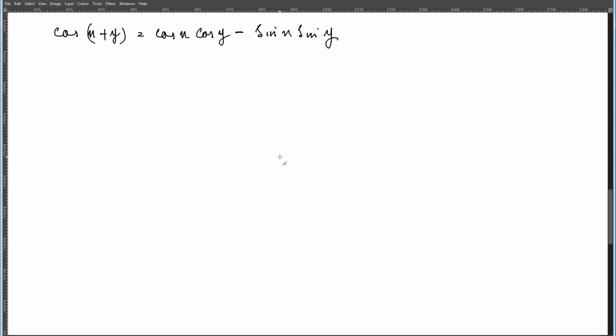So the way that you need to do the proof for this trigonometric identity is using a unit circle. We will need to do a simple unit circle here.